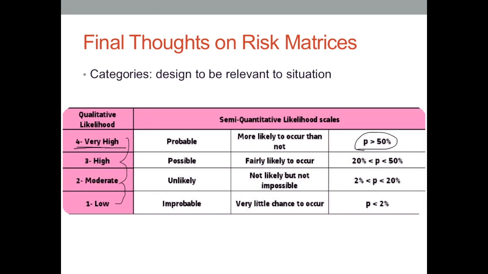That's the worst possible ranking. And then they scale it somewhat down from there. 20 to 50% is the next possible. And then 2 to 20 and below 2% is their lowest. So they've done this based on their own needs for their specific hazardous events and the risks that they are looking at.